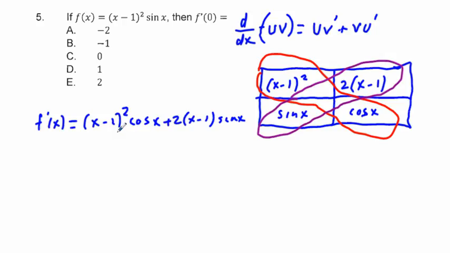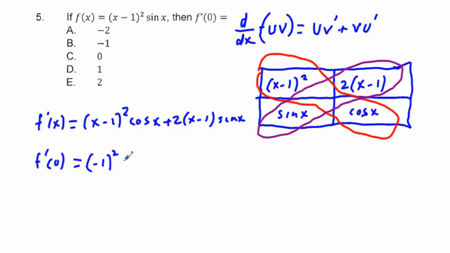And then if we go ahead and put f prime of 0, we're going to be left with x is 0, so we have negative 1 squared times cosine of 0.